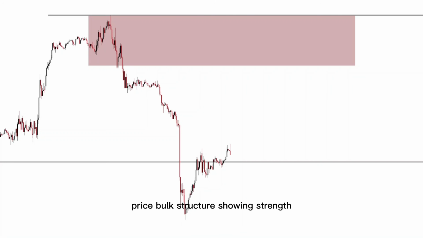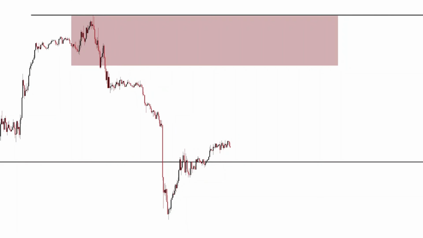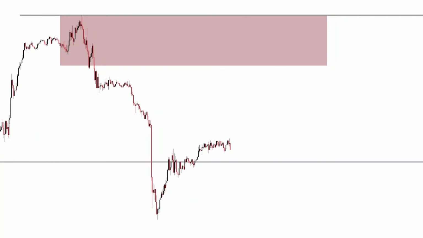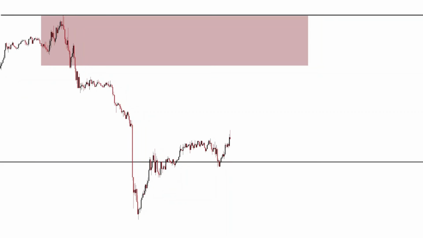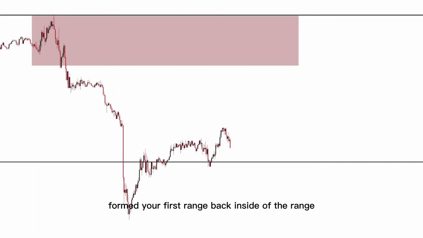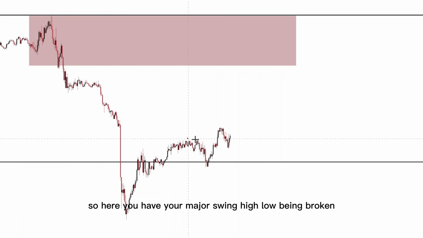Price broke structure, showing strength. Formed your first range, back inside of the range. So here you have your major swing high and low being broken.